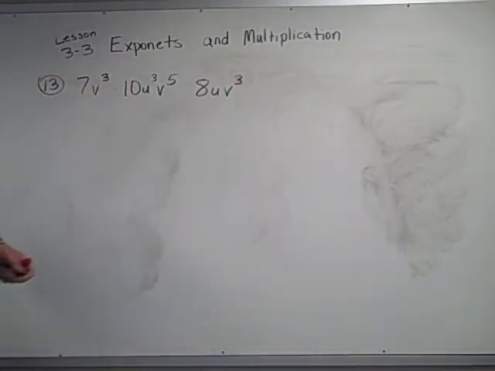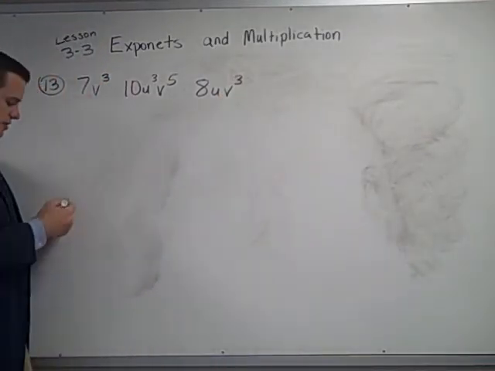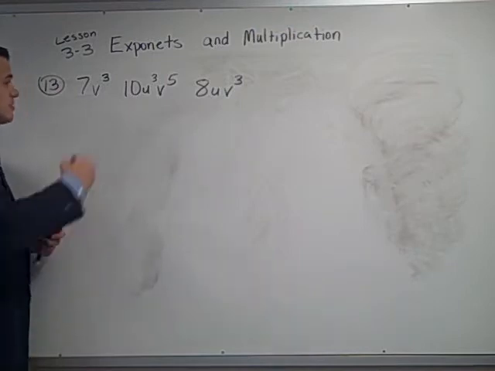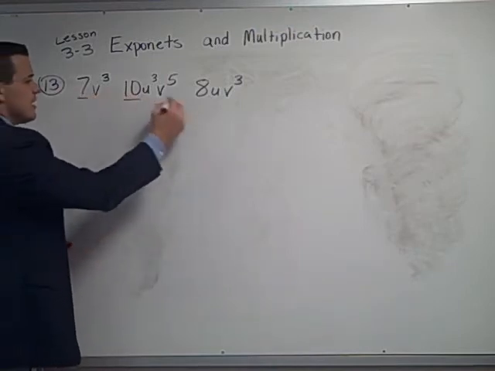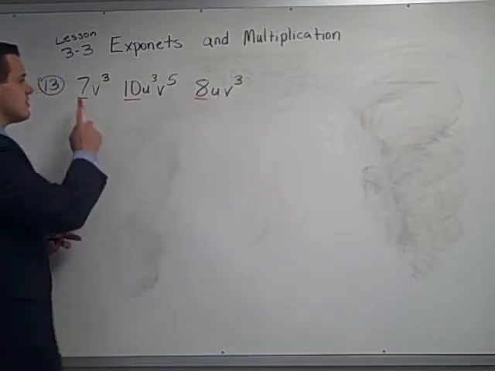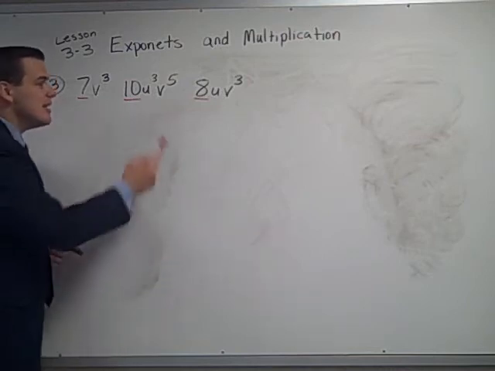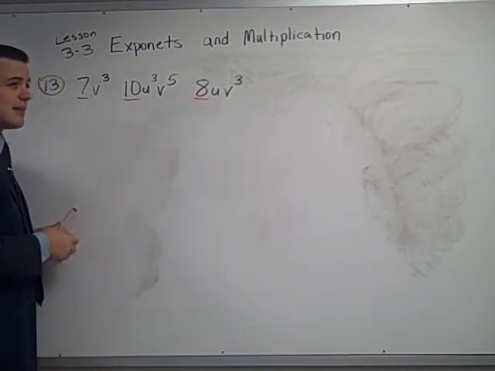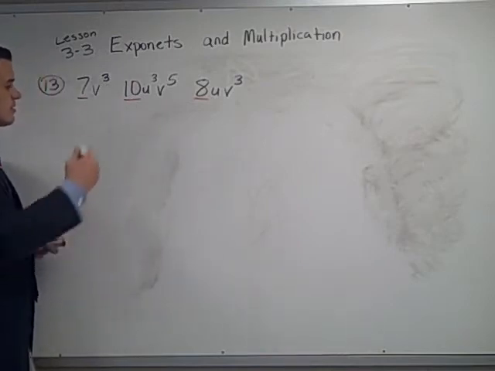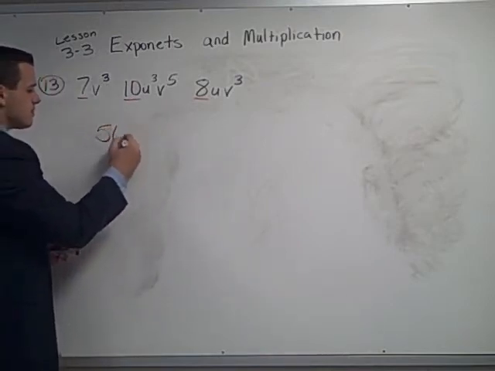Okay, when we have a problem like this, the first thing we need to do is to multiply the coefficients. Identify them first. So we have 7, 10, and 8. We need to multiply the coefficients first. So 7 times 10 is 70 times 8. 70 times 8, well 8 times 7 is 56, and then I can add on the 0. So this will be 560.